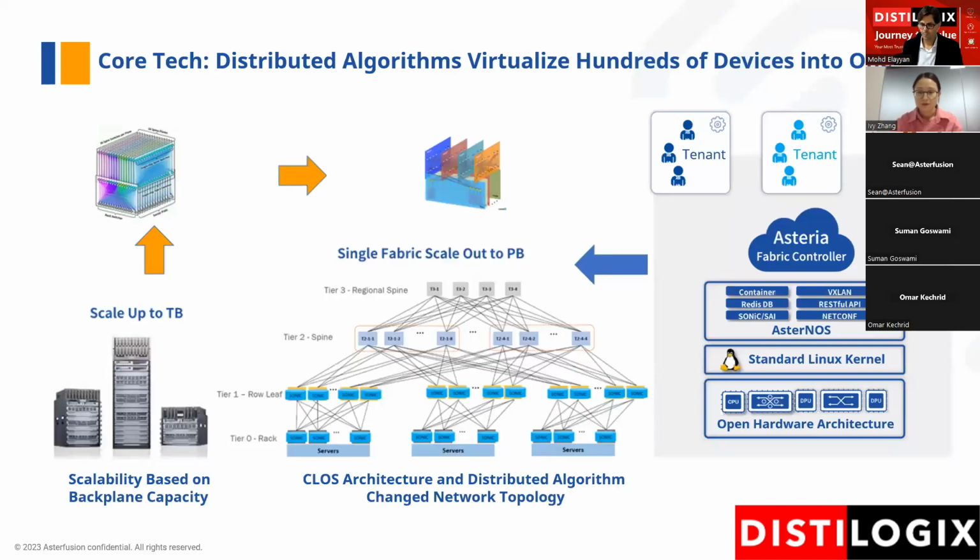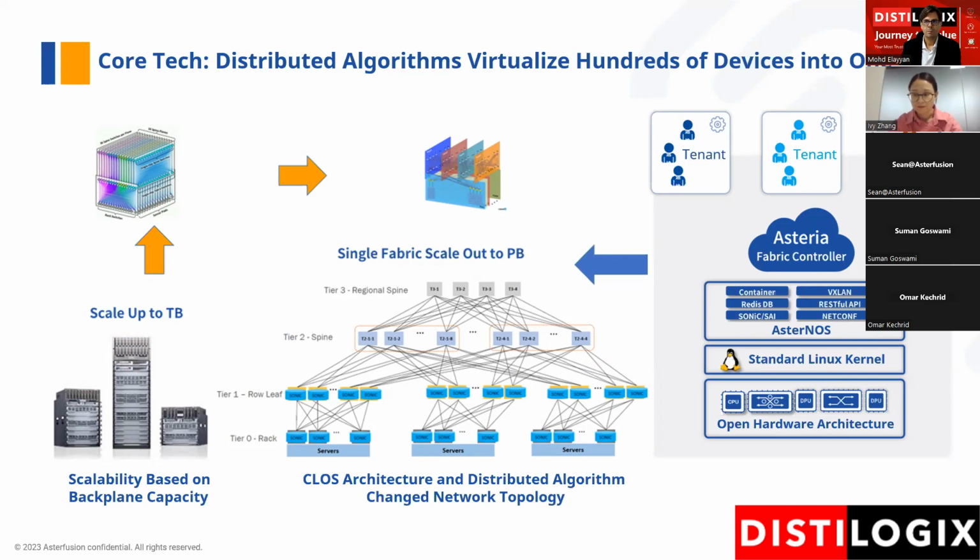Asterfusion has 3 core technologies as a contributor of open networking. The first one is our distributed algorithms. Traditional hardware architecture increases the scalability based on device backplane capacity. But when the throughput becomes TB or even PB, the hardware will be limited by complexity and capacity.